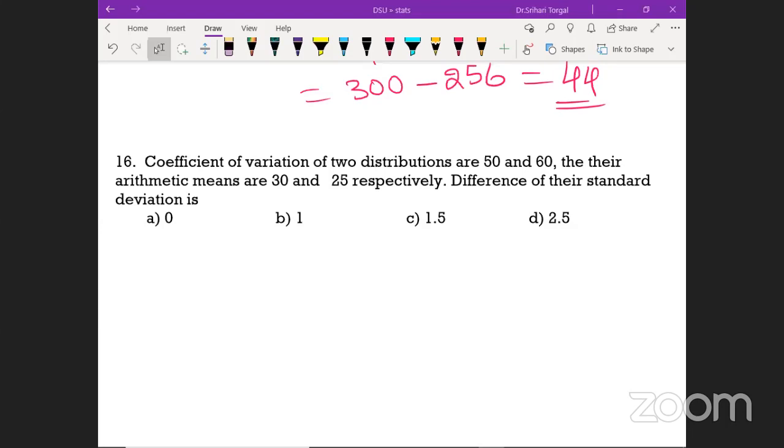Yes, question number 16. Coefficient of variation of two distributions. What is the answer? Please concentrate on this concept because this is very important. You can expect it from this part for this year.